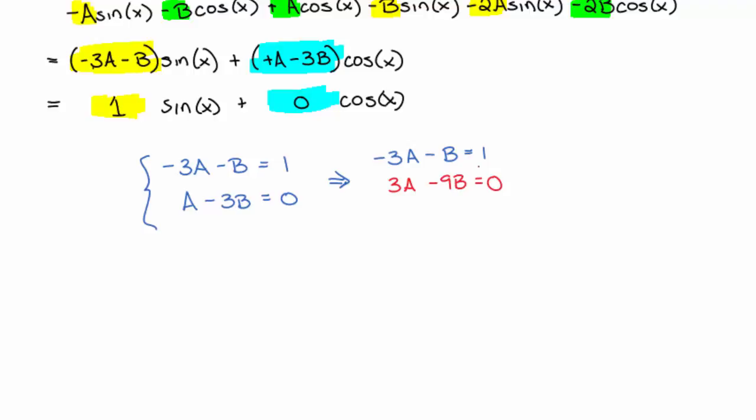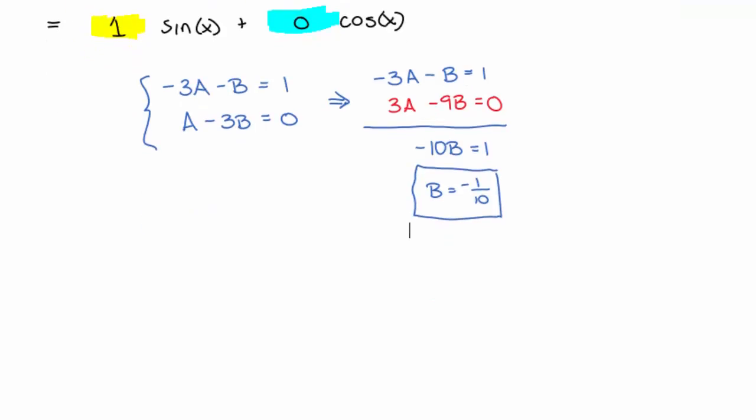But when you multiply a row in a system by any non-zero number, the solution to that system does not change. All right, so let's add these up. The a's cancel, and you get negative 10b is equal to 1, or in other words, b is equal to negative 1/10.